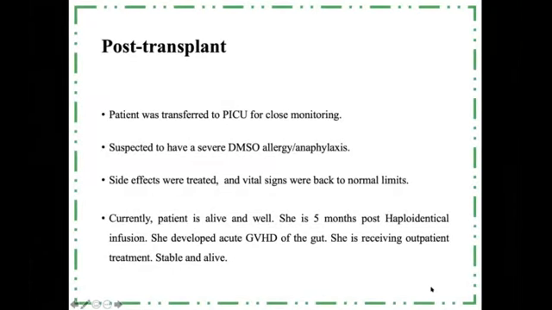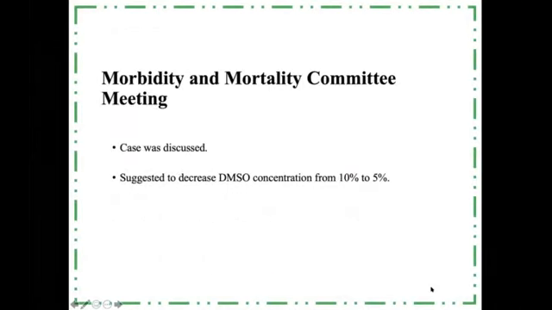Currently, the patient is alive and well. She is 5 months post haplo-identical fresh infusion. Although she developed acute GVHD of the gut, she is receiving outpatient treatment. Therefore, she is stable and alive.